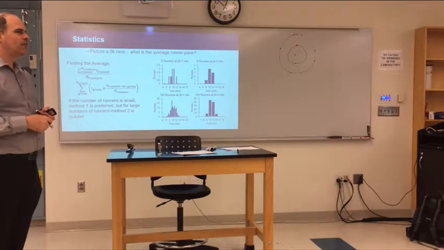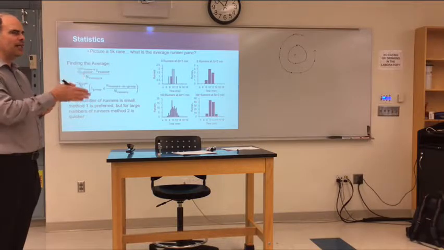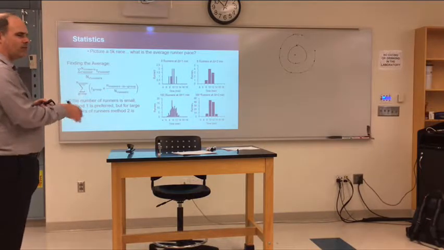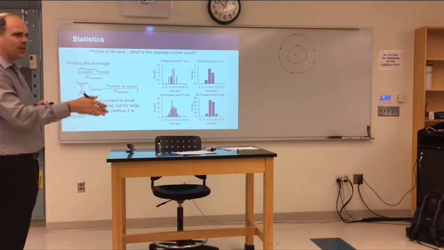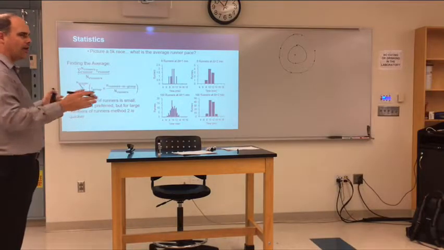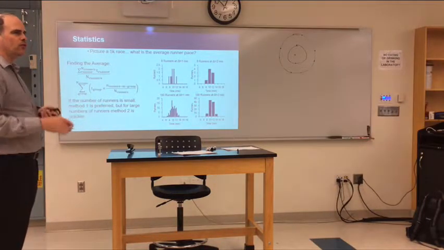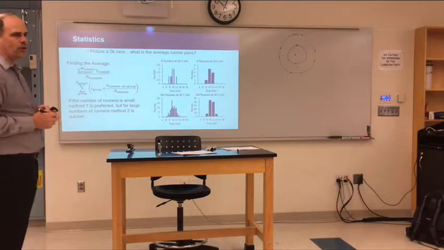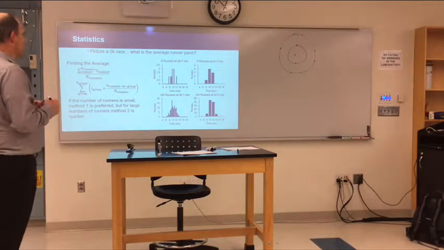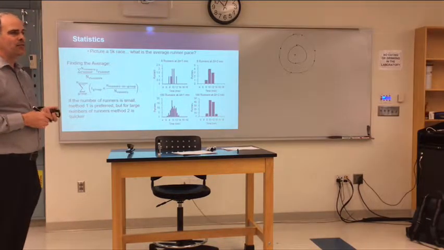So if you have 15 runners that ran in that time space, you take 15 times 7 minutes, add all those together, and then divide the total sum by the total number of runners, and you get the average pace of the runner.